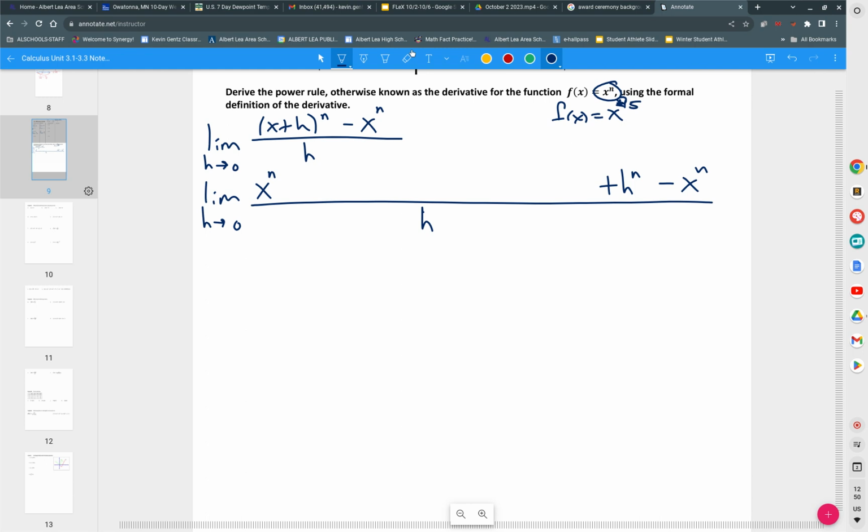Then we have an a squared and a b to the fourth. Then we have an a and a b to the fifth, and we have a b to the sixth. And it turns out that these are the coefficients, aren't they? So what's always the coefficient for this? 1, and it turns out the coefficient here is the same as the exponent there. See that? Whatever power you're taking to, that's what ends up being there.